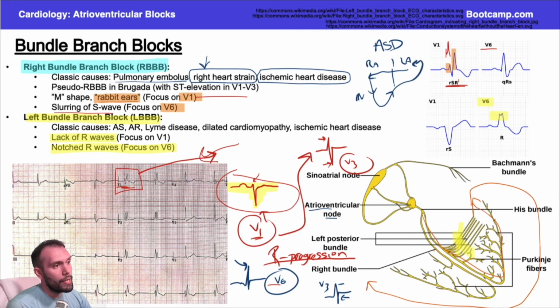Some of that blood is going to go to the left ventricle. The point is, a lot of this blood is going to constantly be in this circuit where it's just going to keep returning to the right ventricle. So you might have a dilated right ventricle. So conditions like an atrial septal defect cause blood to keep returning to the right ventricle, and that can also cause a right bundle branch block.